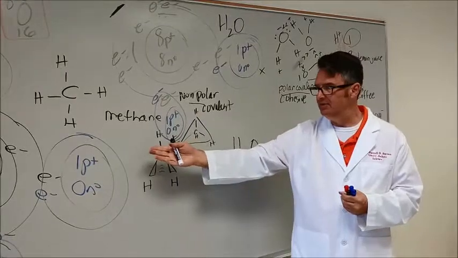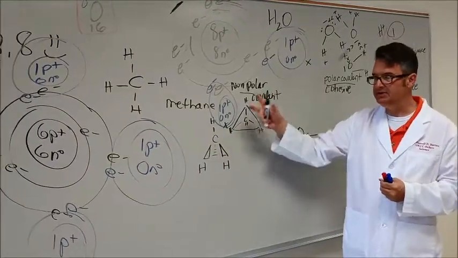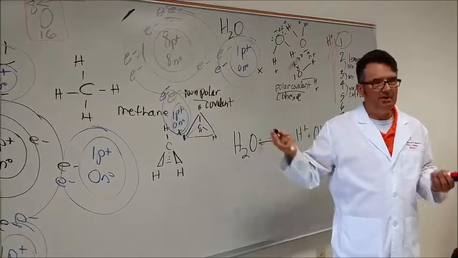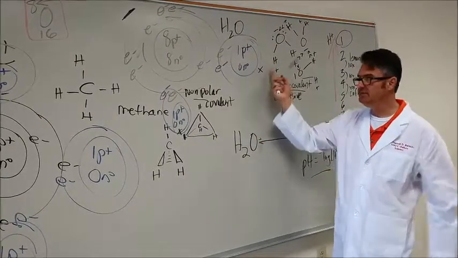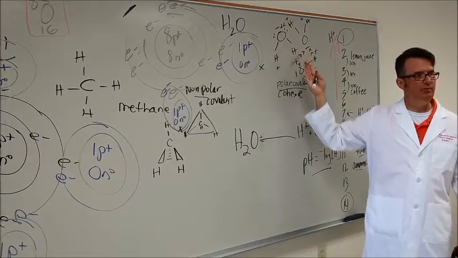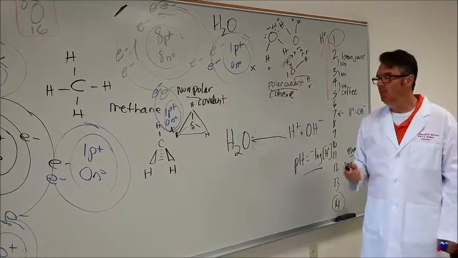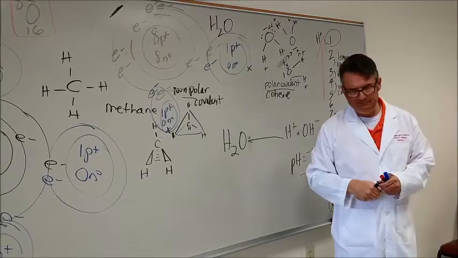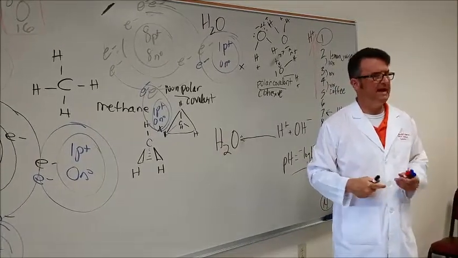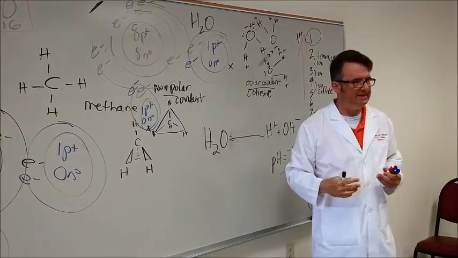For instance, the very fact that the carbons and the hydrogens are equally distributed makes this compound not want to interact with compounds like water, which are polar covalent. There's one clearly positive end and one negative end. Water tends to be attracted to itself. It's cohesive. It can actually kind of act as an adhesive.